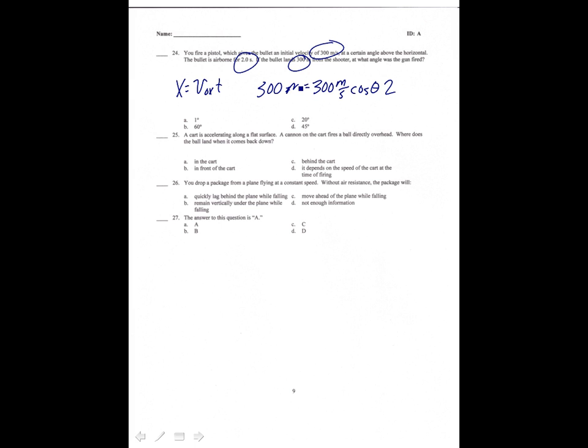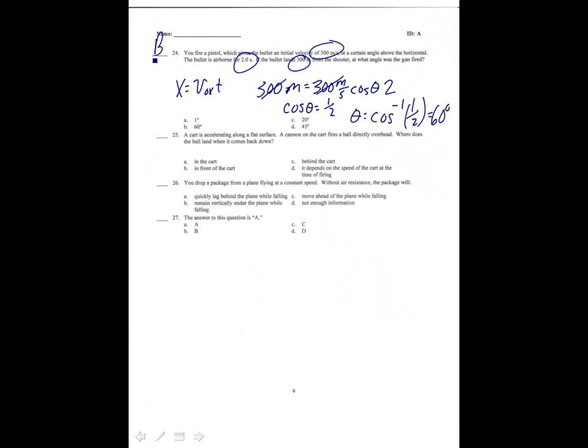And then we solve this. The 300s cancel out. Cosine theta is equal to 1 over 2. So theta is the inverse cosine of 1/2, and that is 60 degrees. So it's B.